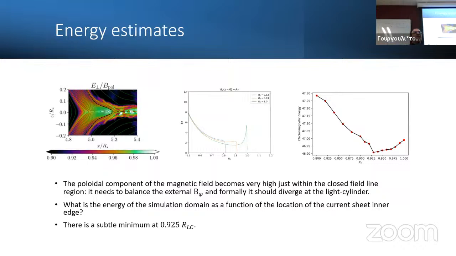The results are very similar in either case, especially when we have the highly twisted ones. The condition that we put at the boundary of the box is that of a split monopole, which is based on Goldreich and Julian arguments, but it's a boundary condition.